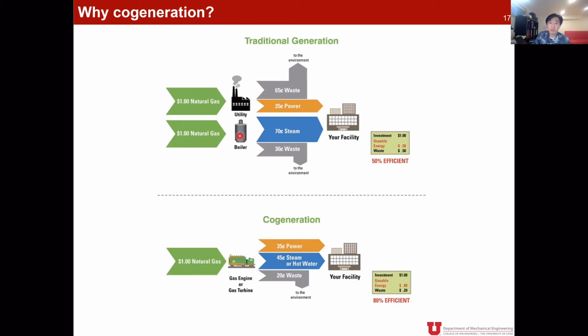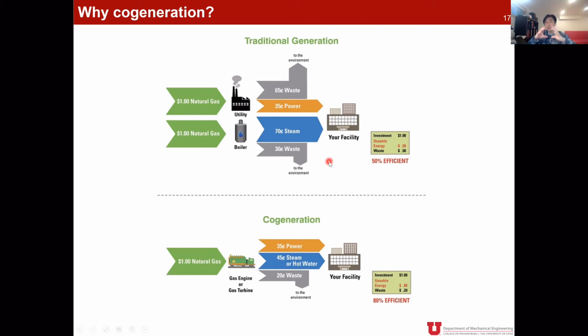Now let's assume that we have also another facility that supplies heat to our society, and this facility needs around $1 natural gas. And usually to generate a heat, we have efficiency of approximately 70%. What it means, by burning out $1 natural gas, around 70 cents can be used to generate a steam to supply heat to us, and remaining 30 cents will be wasted as a waste heat.